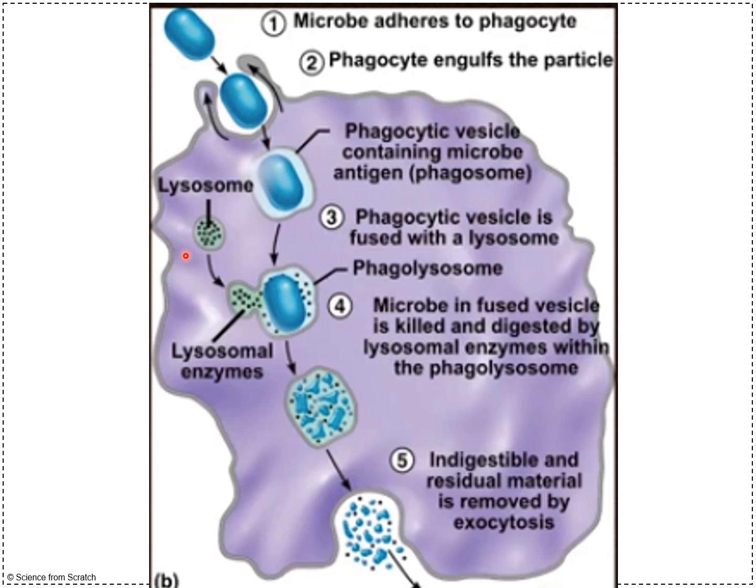And then there is a lysosome with some enzymes in it that will fuse to that vesicle, and the lysosomal enzymes will break down that bacteria or pathogen, and then it will be removed out of that cell through exocytosis.